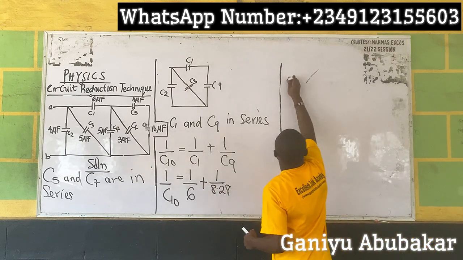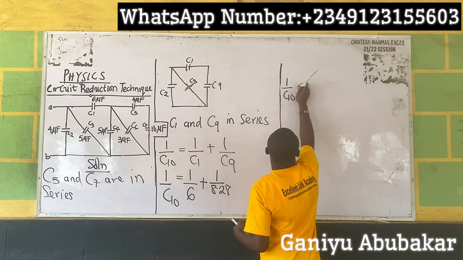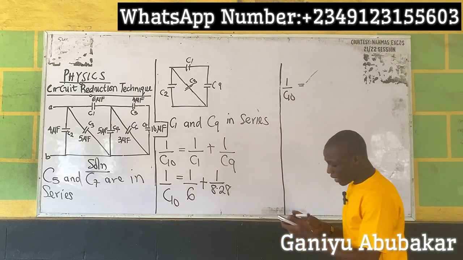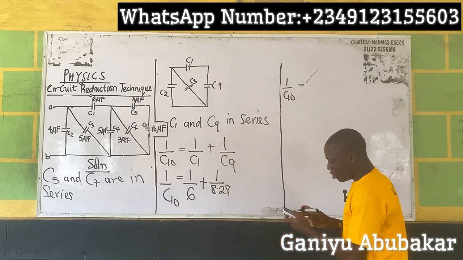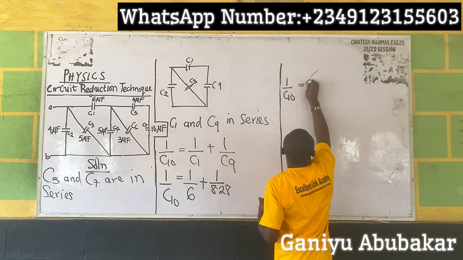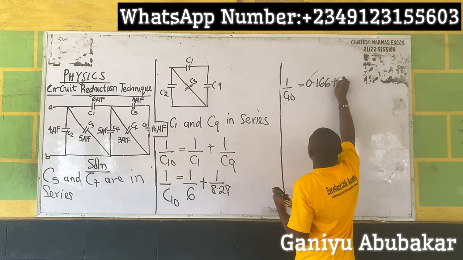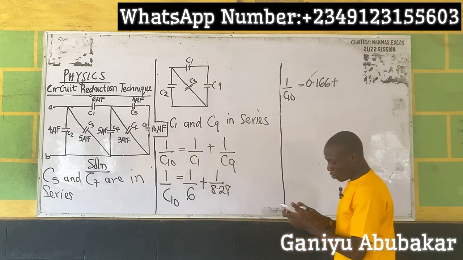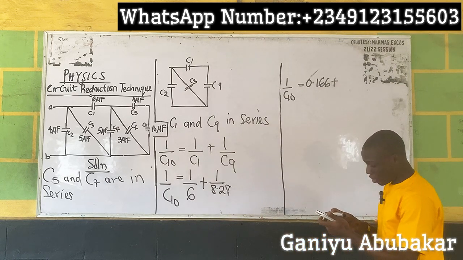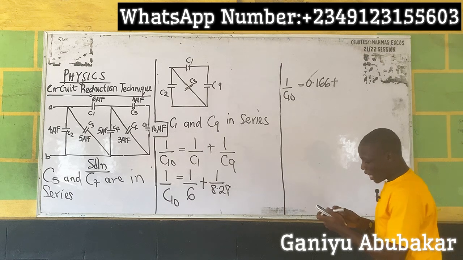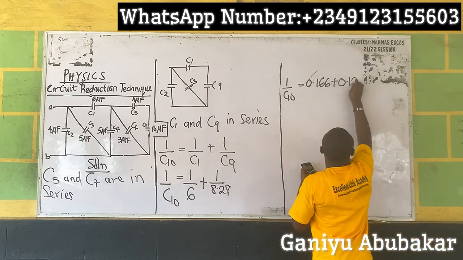This gives you 1 over C10 is equal to, if I divide 1 by 6, that gives you 0.166, plus divide 1 by this 8.28, I have about 0.120.